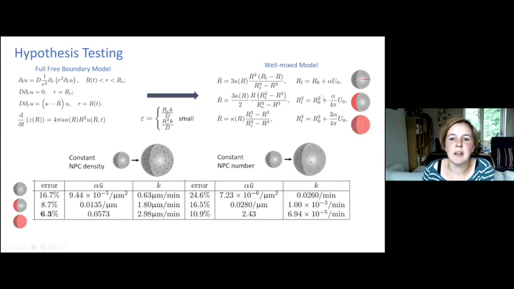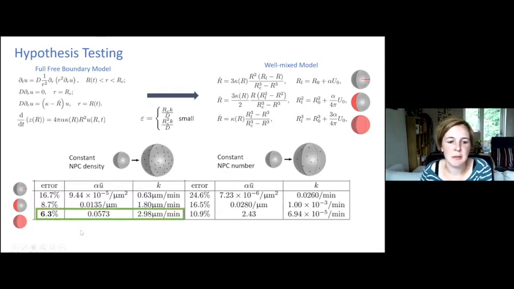So we did some parameter fitting, looking at those 6 different hypotheses: radial scaling, surface scaling, volume scaling, and constant nuclear pore complex density versus constant nuclear pore complex number. And for each of those, we determined the best parameters. So we have a 2-parameter family that we have to look at and determine the error to the data that we have.